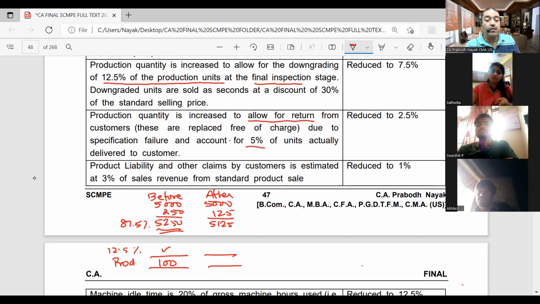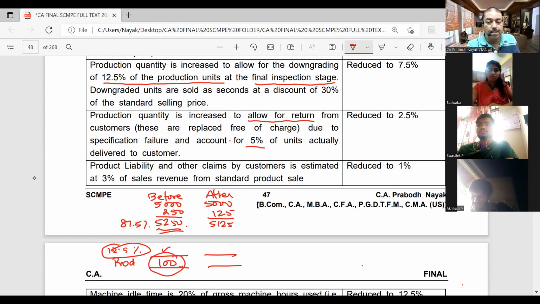These words are important. At what stage? At final inspection. What am I going to inspect? Am I going to inspect 5,250? No. I'm going to inspect the last production units that I'm going to manufacture. And on inspecting these units, I find that 12.5% is defective. So the balance is available for sale.